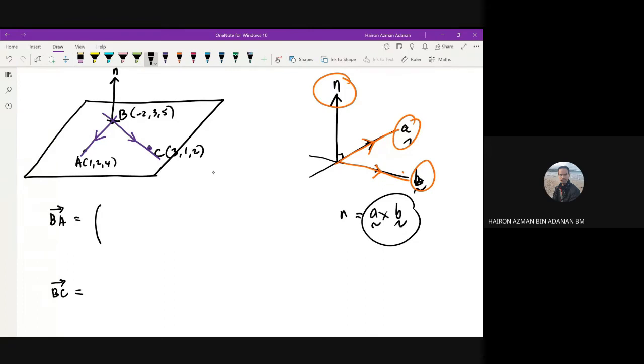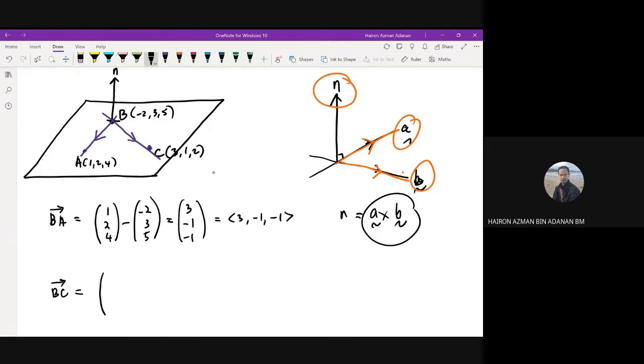A is (1, 2, 4). B is (-2, 3, 5). Now 1 minus -2 is 3. 2 minus 3 is negative 1. 4 minus 5 is negative 1. So the vector is (3, -1, -1).